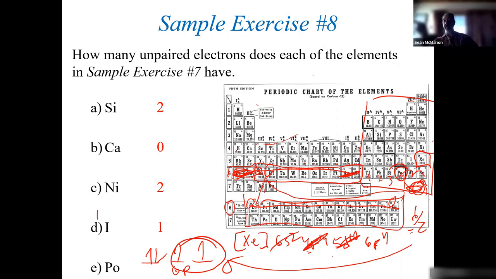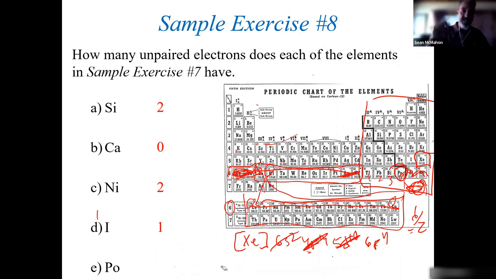I want to be like radon, but I need 2 more electrons. Why? Because my 6p sublevel has 2 unpaired orbitals that need 1 more anti-parallel spin electron. So I need 2 more. So I have 2 unpaired electrons. That's going to be important later when we're doing ionic compounds to determine the charges.